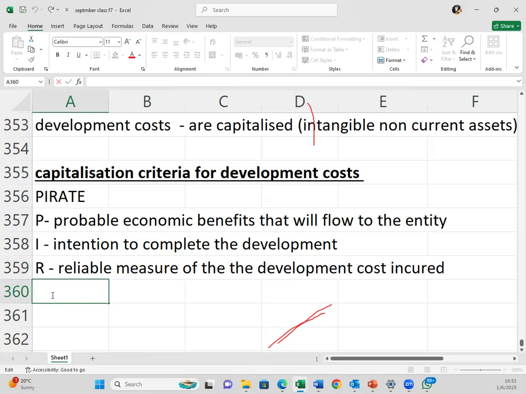Besides the reliable measure, we must have adequate resources. Before you capitalize, you have to measure against this scale and see whether all these conditions are there. You are engaging in the development, but do you have the resources needed?